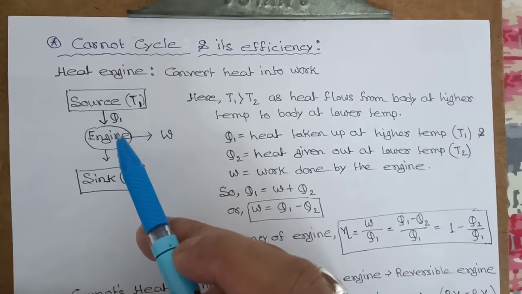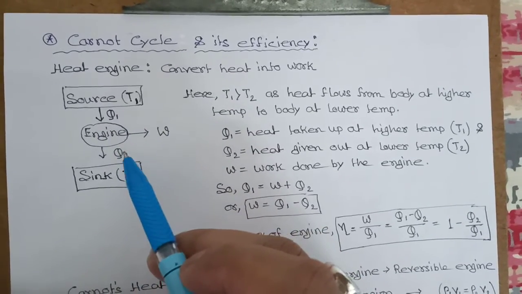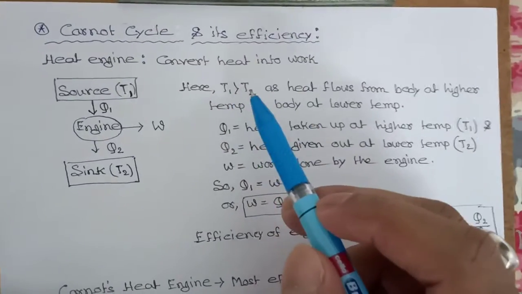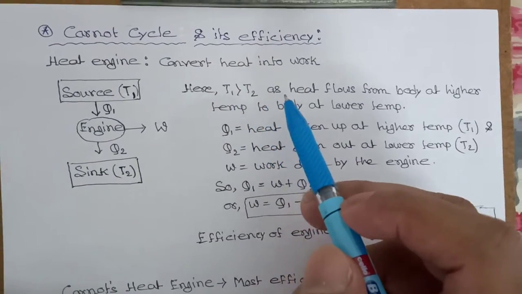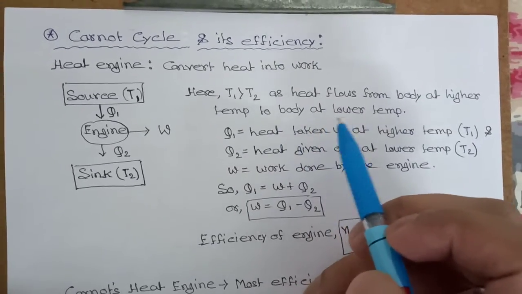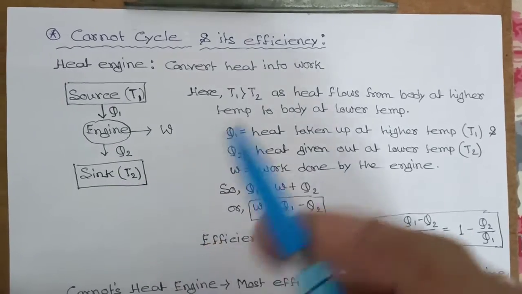If you give heat to an engine, it will give work, and some amount of heat will be rejected to the sink. Here T1 is greater than T2, as heat flows from a body at higher temperature to a body at lower temperature.